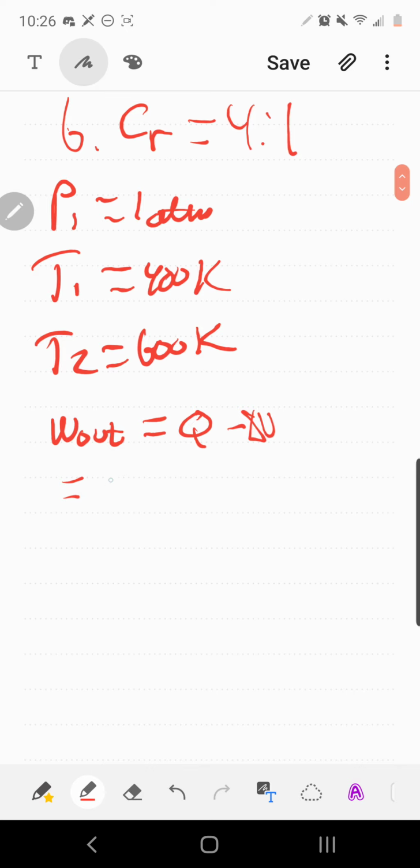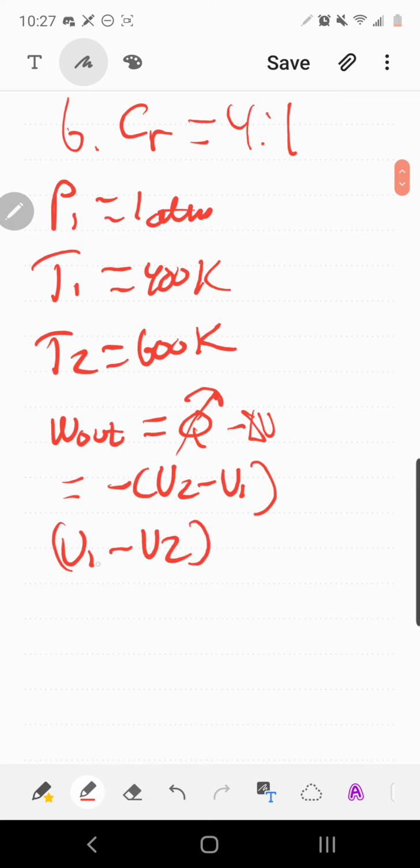We know the heat is going to be 0 because we're going to assume this is an adiabatic process because there's low heat loss. So we're just going to have U2 minus U1, or U1 minus U2 if we distribute that negative sign.